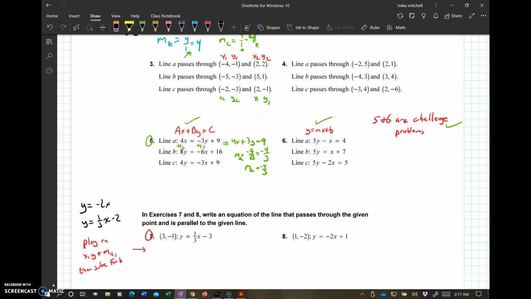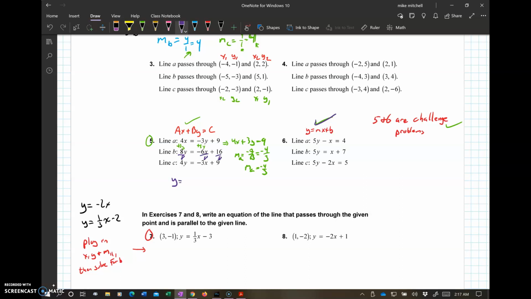Again, you could get this in standard form. 8y equals -6x. I can write this up here. I'm going to do it like this with this purple marker. I'm going to divide by 8. I'm going to divide by 8. I'm going to get this one into slope-intercept form. 8 over 8 is just y. Remember, when I divide by 8 here, it's divide by 8, divide by 8.